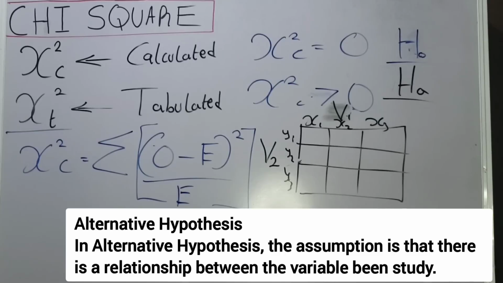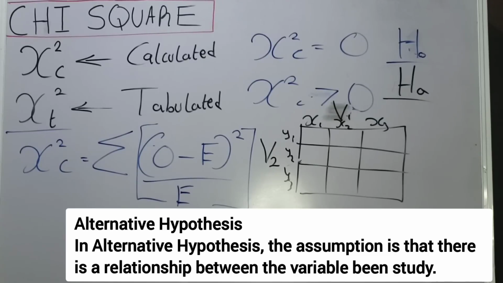If we use the same example between gender and voting preferences, in the alternative hypothesis, the assumption is that there is a relationship between them. That is, gender has an effect on voting preferences. That is, gender determines the person that the populace want to vote for. So that is the effect. That is for the alternative hypothesis.